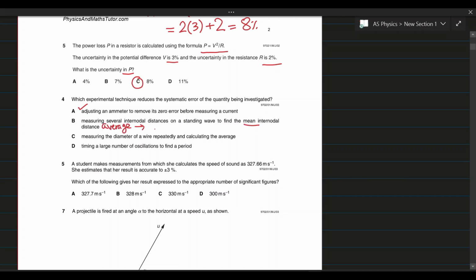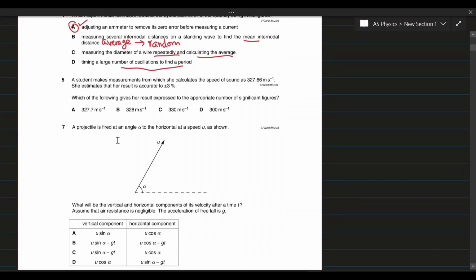You know that an average is taken to reduce which error? Not systematic, random error. Average and repetition are taken to reduce random error. Measuring diameter repeatedly is also for random error. Timing a large number of oscillations to find a period is also for random error. So A would be our correct answer.